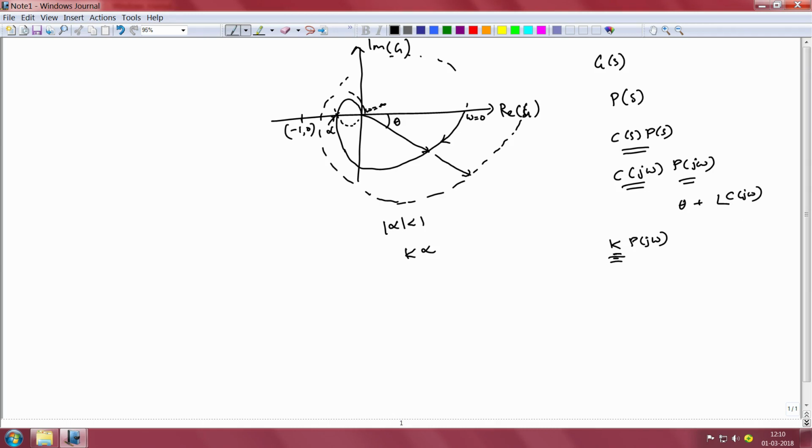Now the moment k times alpha becomes greater than 1 in magnitude, we would notice that the Nyquist plot of k times p will start to encircle the point minus 1. So let me sketch that out here.